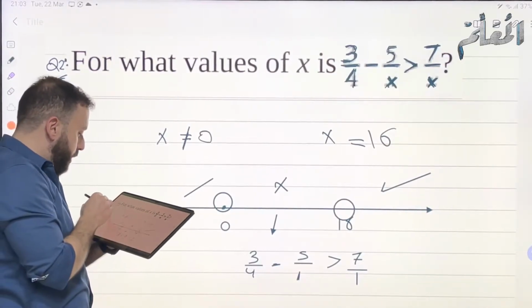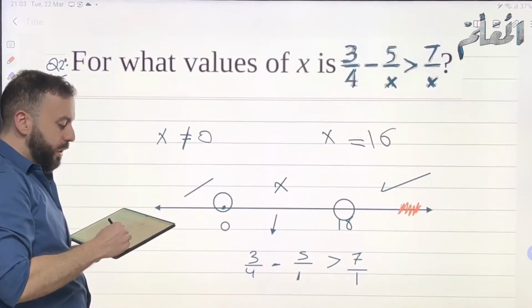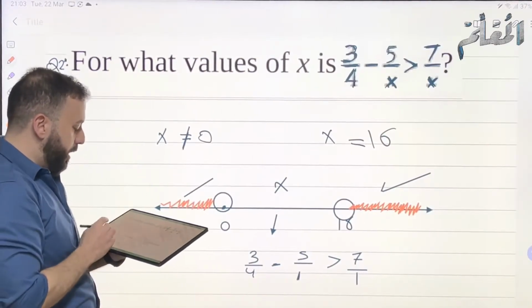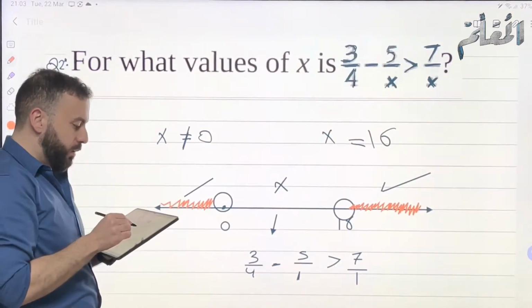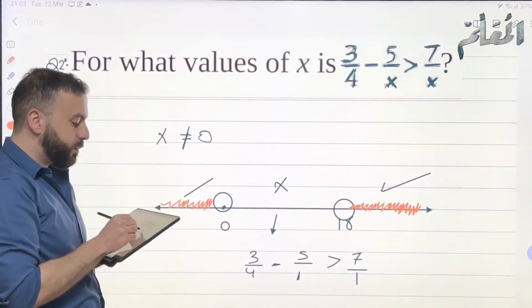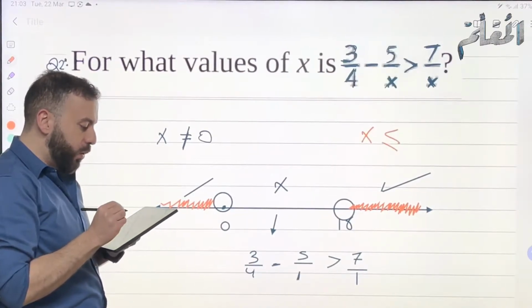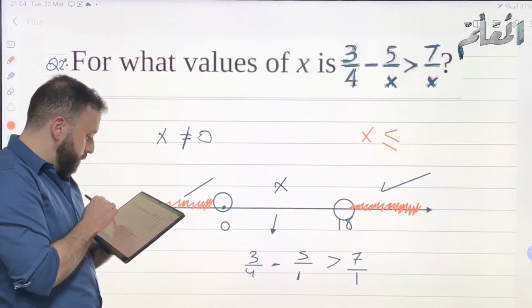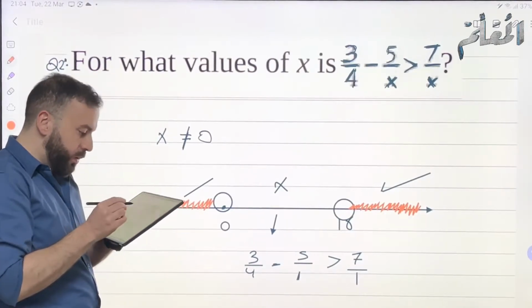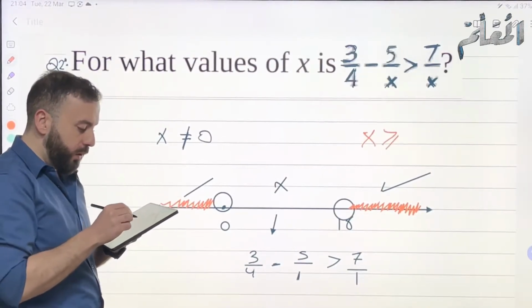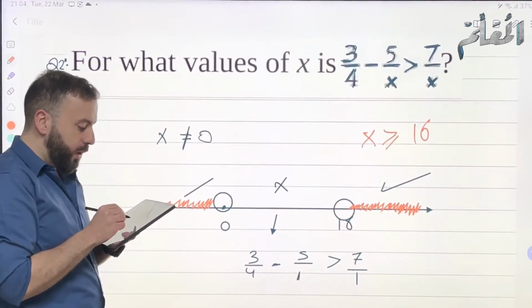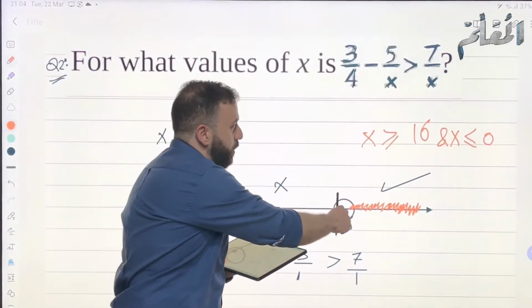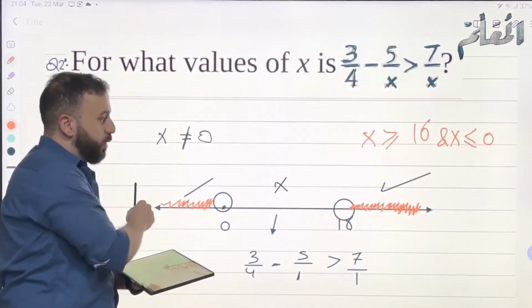So my solution is this area and this one also, the left and the right, which I can now write as x greater than 16 and x less than 0.